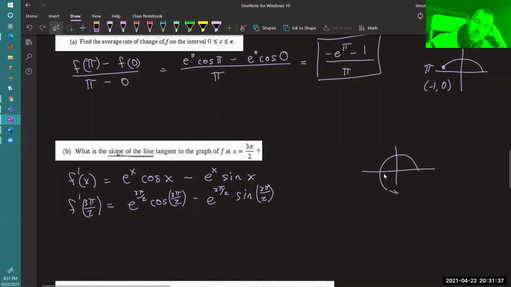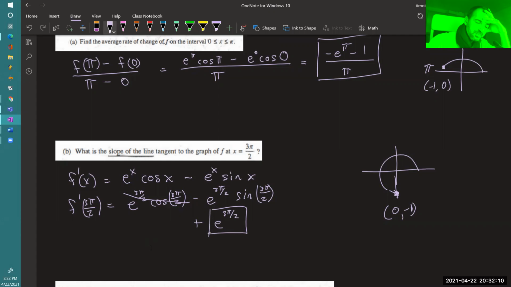That's this angle here, which has an x coordinate of 0, y coordinate of -1. And so when I go to figure out my cosine, it's going to be a 0. When I go to figure out my sine, it's going to be a -1. So this whole first term goes away. This one turns out to be a -1. So it's just going to be a positive e to the 3 pi over 2.